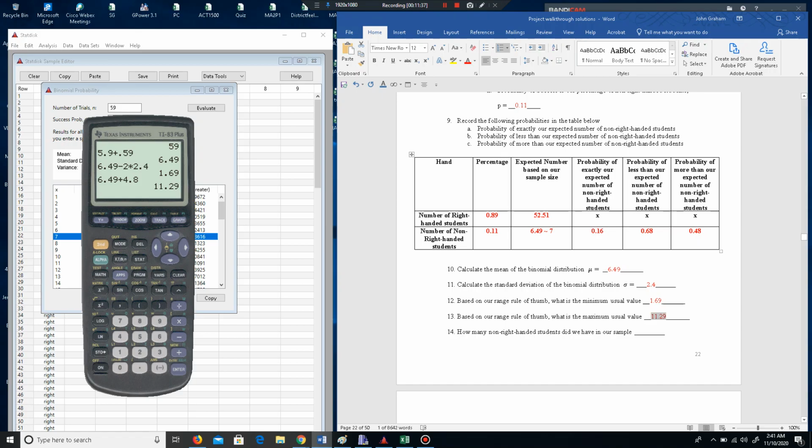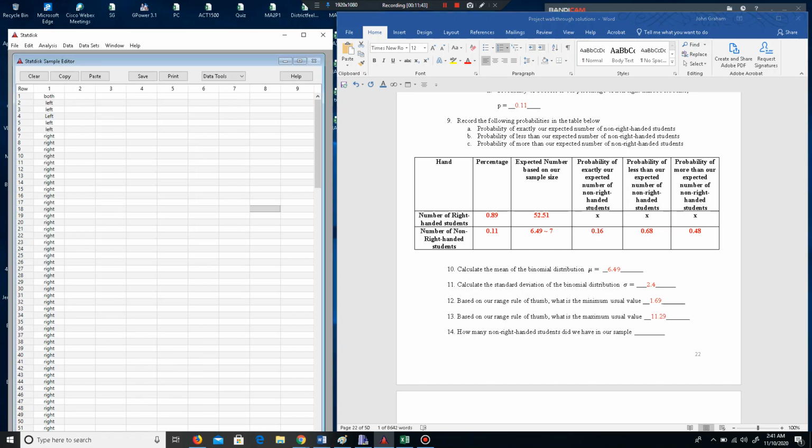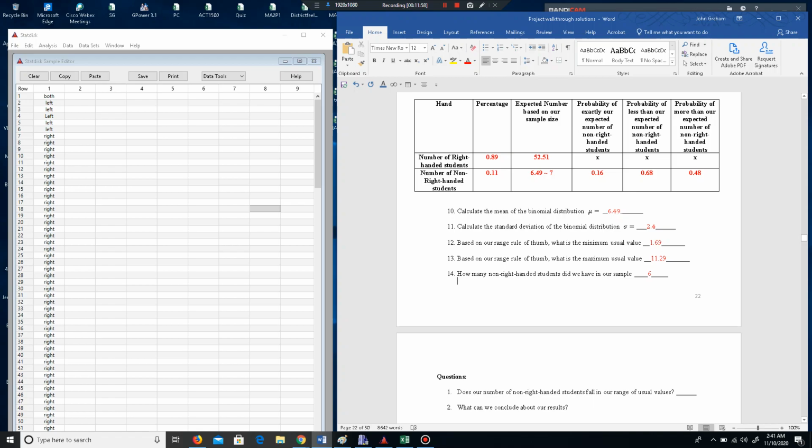So how many right-hander students did we have in our sample, or non-right-hand students did we have in our sample? Well, we ended up with 5 lefts and 1 both, so we ended up with 6. Okay, which is well within our range.